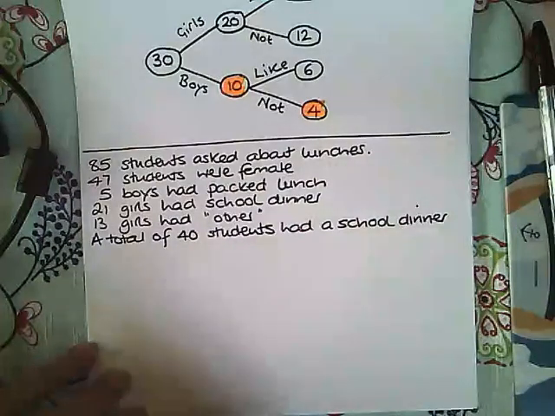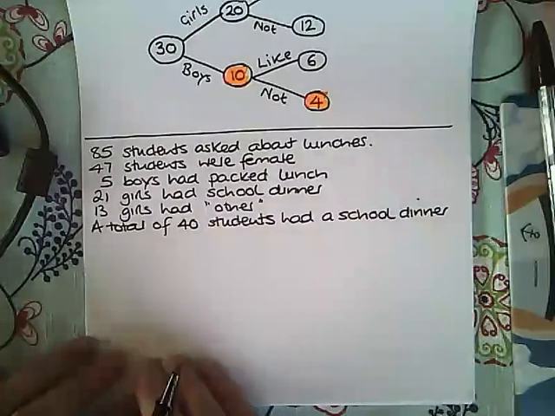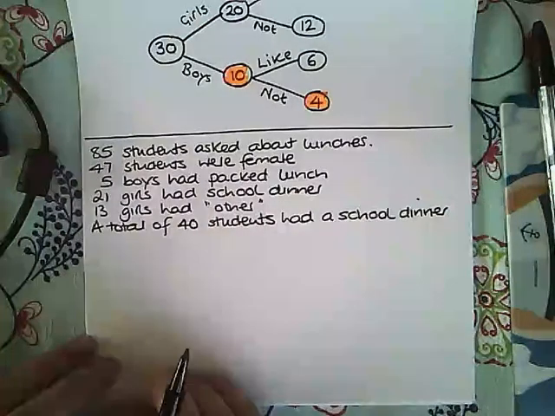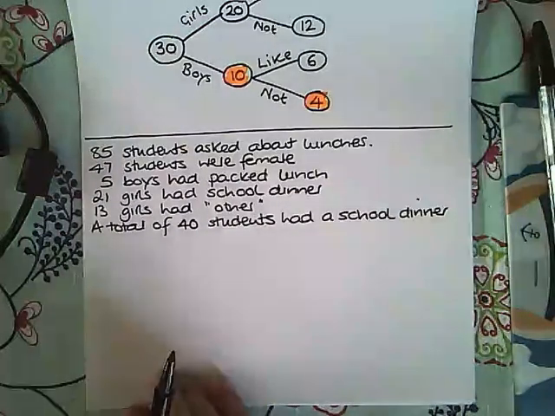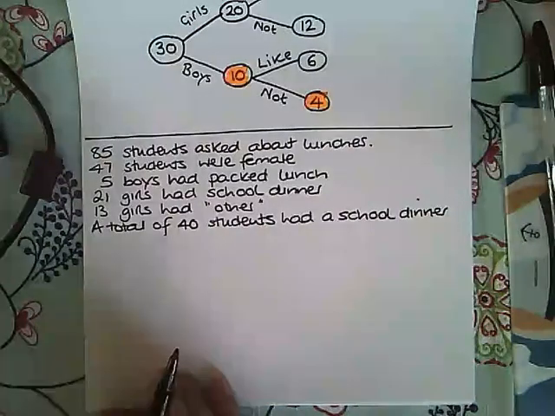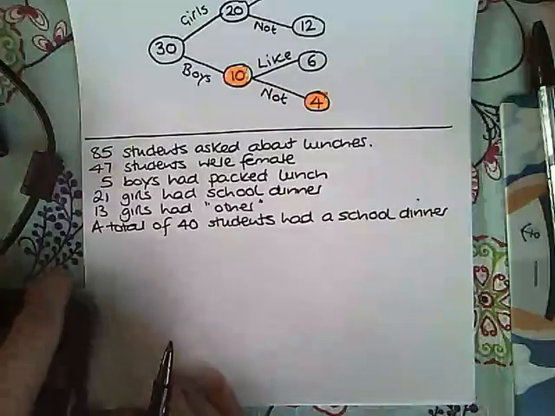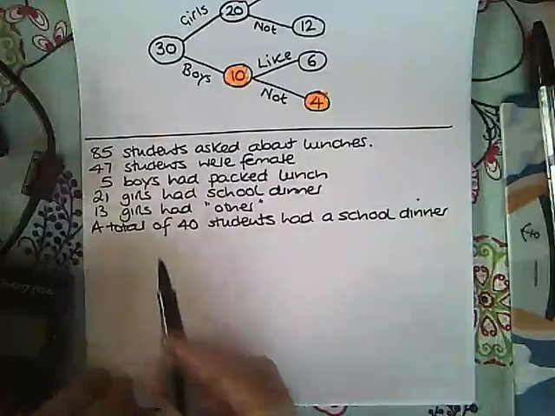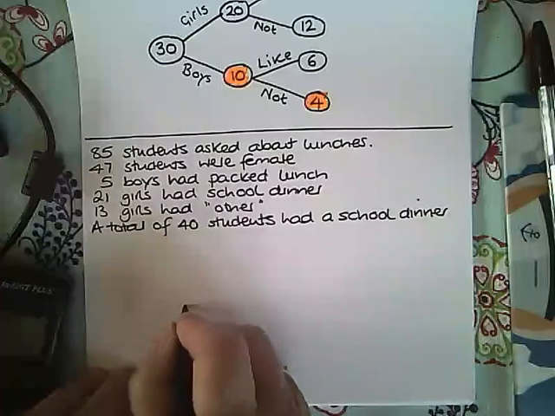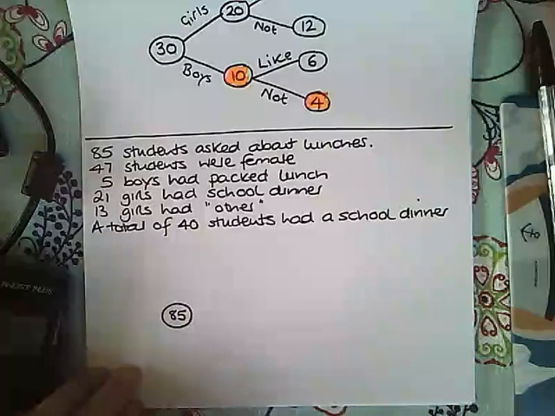So there's lots of information in there, and if we were trying to work another number out from this information, it would all be very confusing. But if we put it into a frequency tree, then it makes the information much clearer. And I'm going to use my calculator to work these things out so I don't get the answers wrong. But we're starting off with 85 students. So 85 goes in our bubble here.